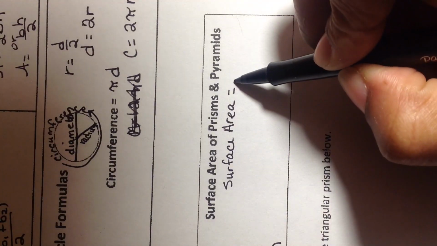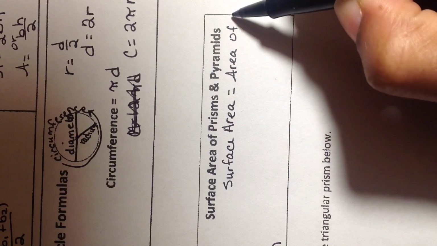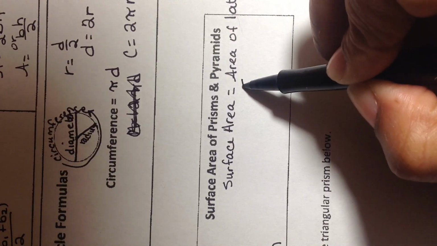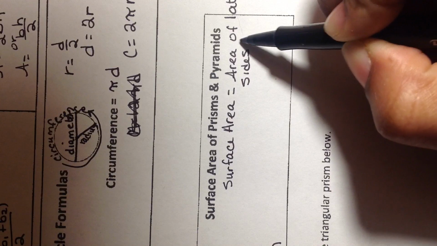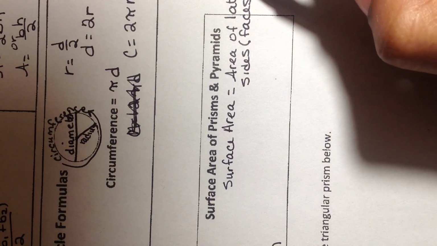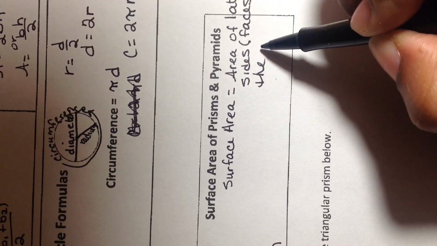is equal to the area of the lateral faces. We call those faces, but we can say sides, plus the area of the bases.